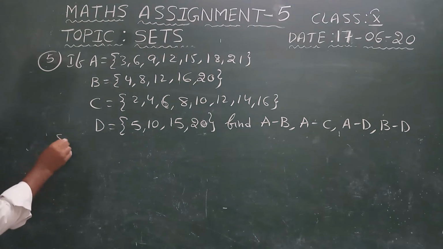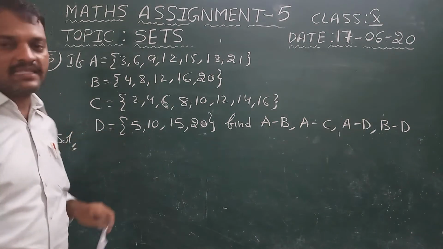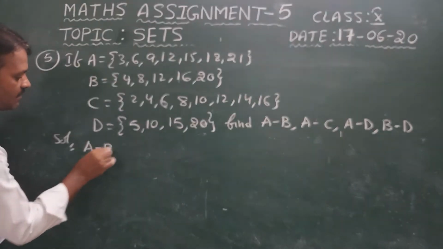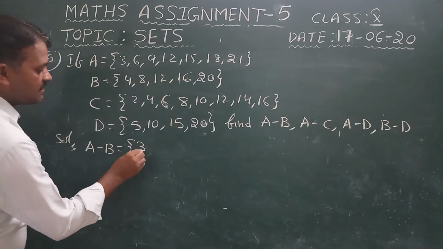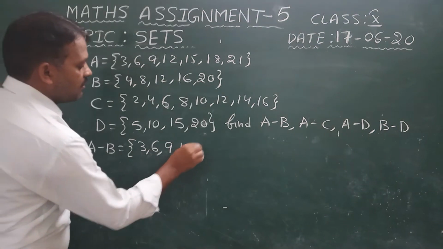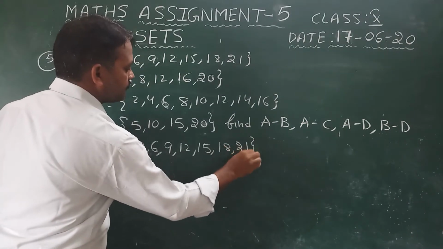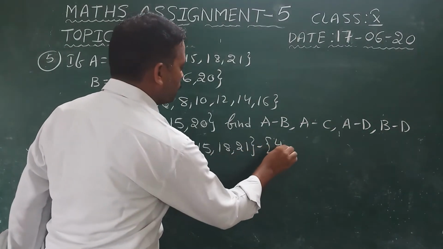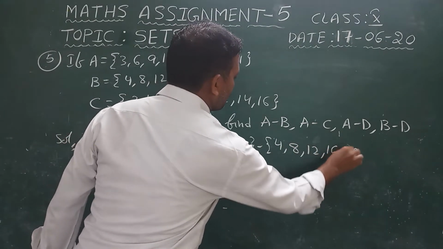So first I'm going to the solution. Now here A, B, C, D are the sets given. Now I need to find A minus B. What is set A? Set A is 3, 6, 9, 12, 15, 18, 21 minus B, which is 4, 8, 12, 16, 20.